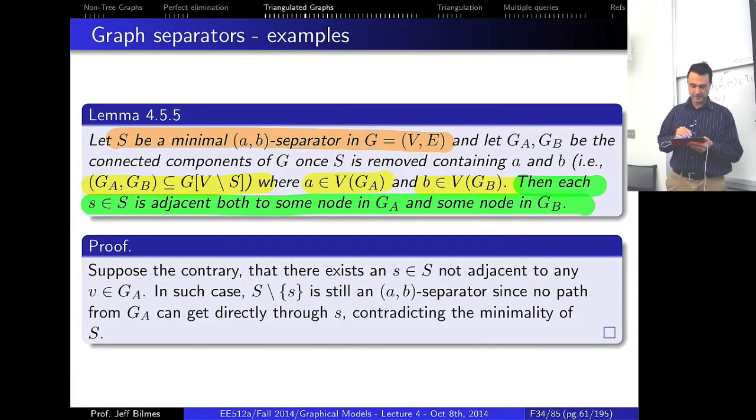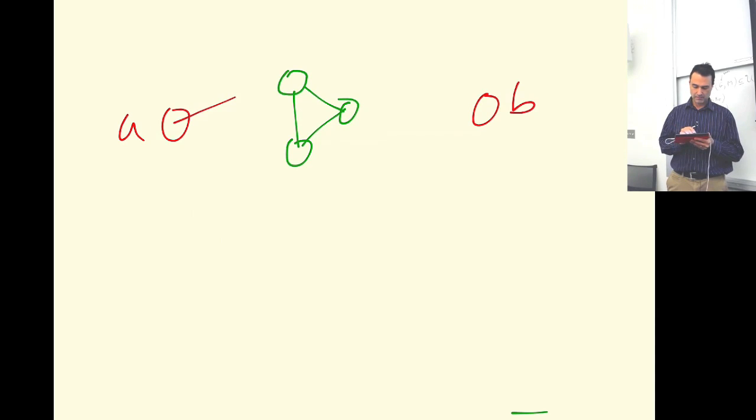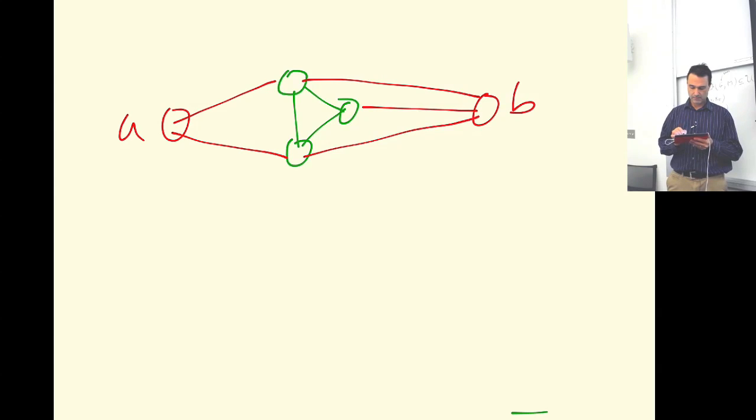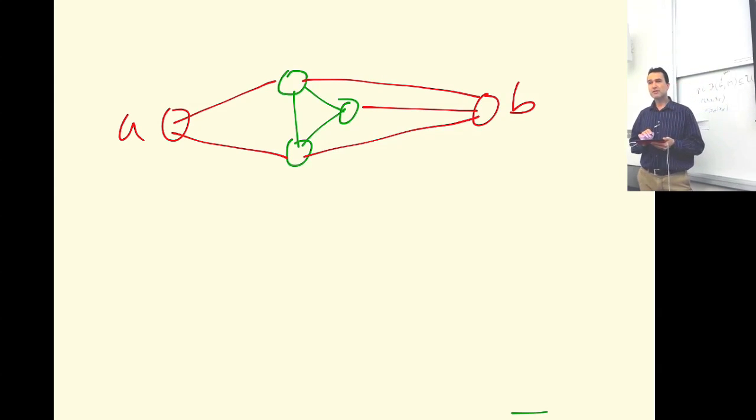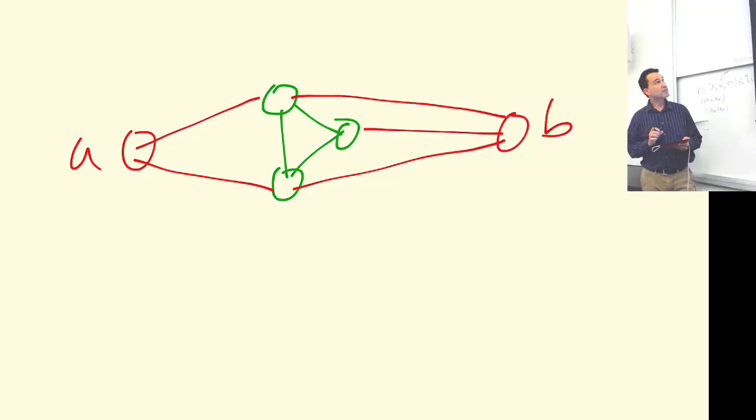So why is this? Let's just get some intuition by looking at a picture. So let's say that you are this separator. And here's A. And here's B. And so the separator is in green, and A and B are on the left.